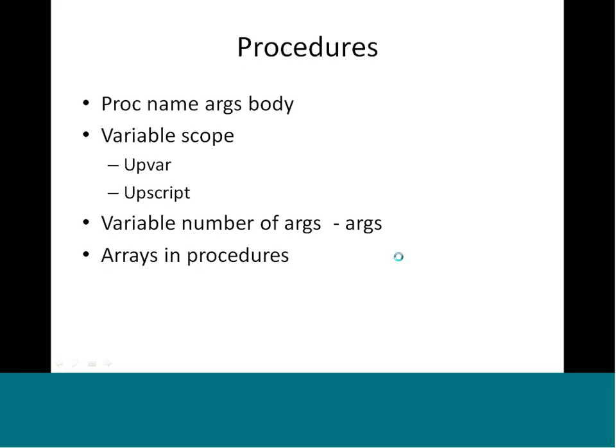The main command that creates a procedure is proc. Proc has three arguments: the name of the proc, the arguments, and then the body. We saw a lot of these things about procedures in the previous lecture.